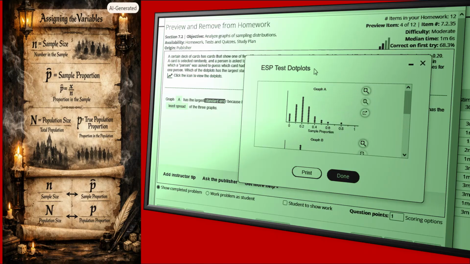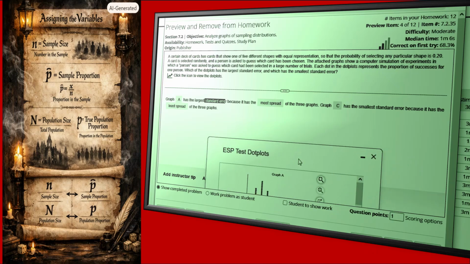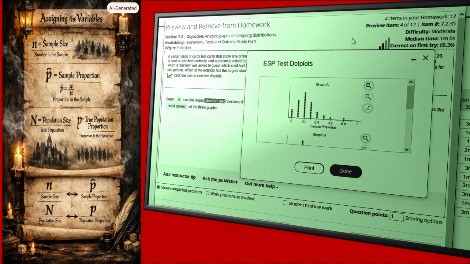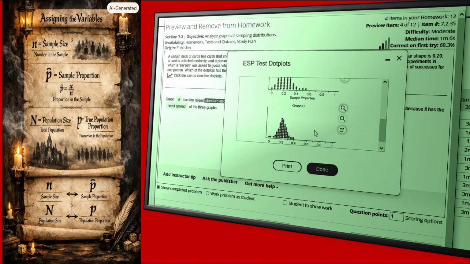But anyway, start thinking about the standard error that we just calculated. A has the largest standard error because it has the most spread, and graph C has the least. So start thinking of it in that way as a standard error, not the binomial distribution, but those two things are connected for sure.